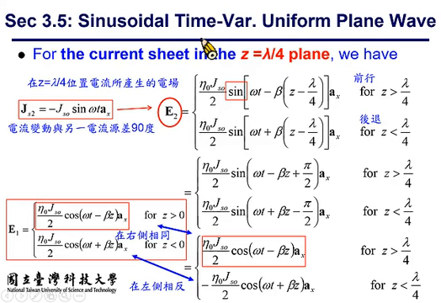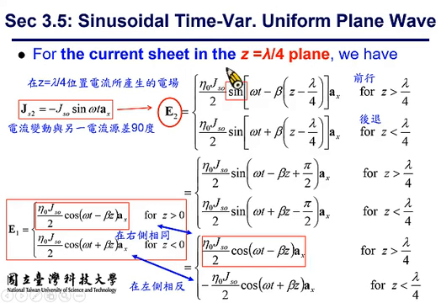Similarly, you can write up the solution for the other current source, that is J sub S2, which is originally in the form of minus J sub 0 sine omega t a_x, and we can write up its associated electrical field according to a similar function.